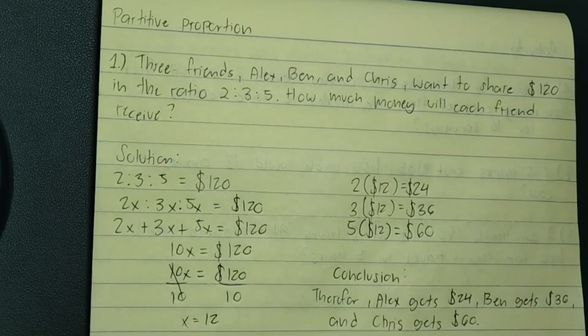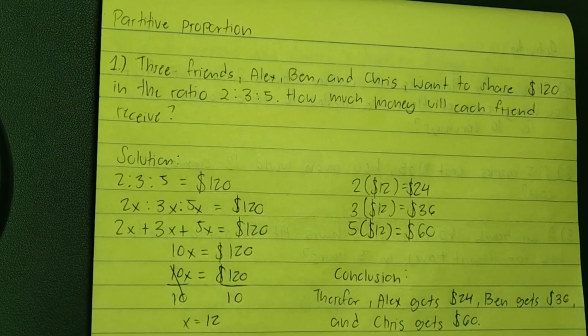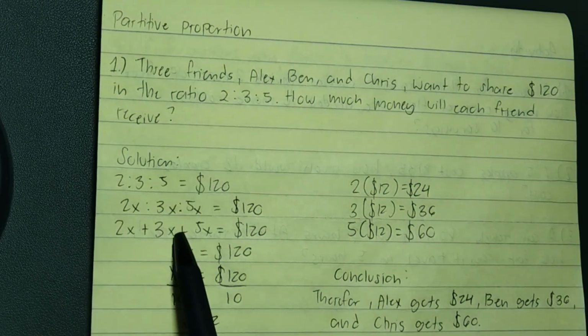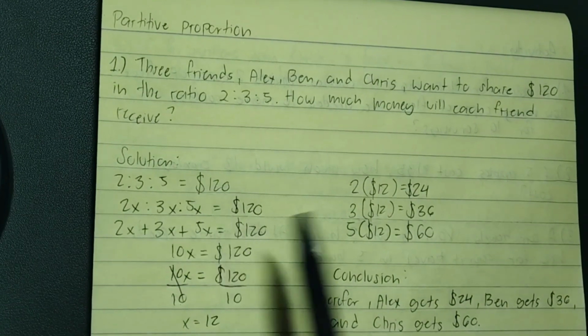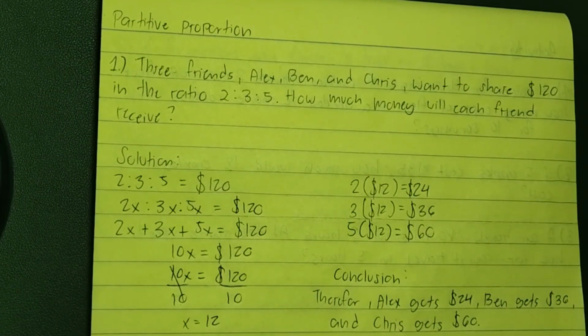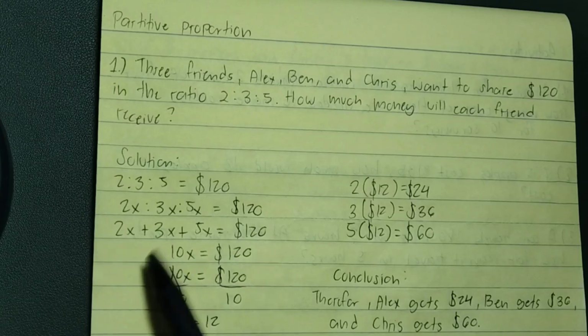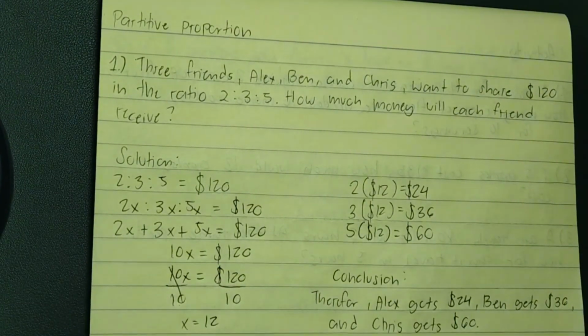The total amount is $120. We can write the equation 2x plus 3x plus 5x equals $120. Combining like terms, we add the coefficients of x. That would give us 10x equals $120.